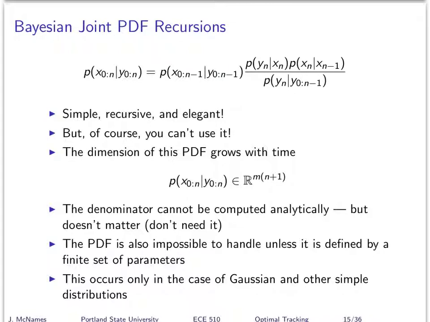And we also have a problem that if you did care about this, it can't be computed analytically either, although that's of much less consequence. So although this is beautiful, it's really somewhat useless at the end of the day, except in very limited cases. The only case where this does suddenly become tractable is in the case where everything is linear and Gaussian.